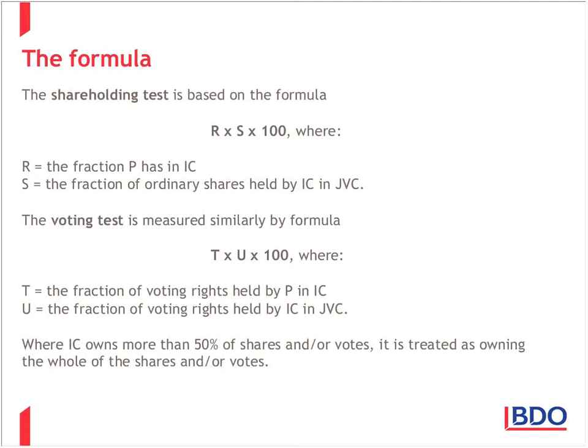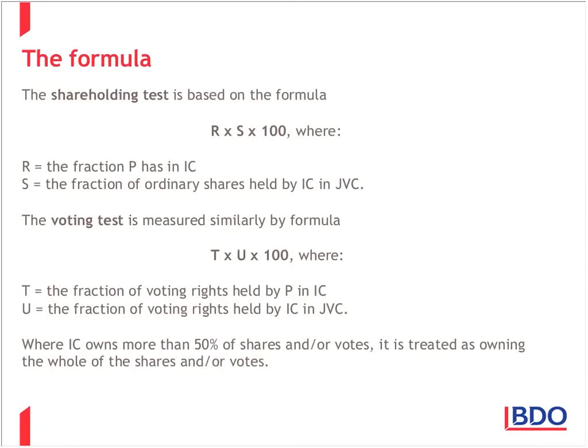Now, the new provisions state that for ER purposes, a joint venture company's activities will only be attributed to the company, which is now described as an investing company, which held shares in the company in which the individual is looking to claim entrepreneurs relief, if at least 5% either directly or indirectly of the shares and votes are held in that joint venture company.